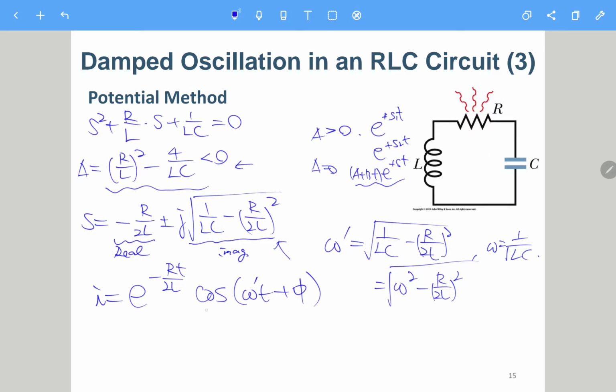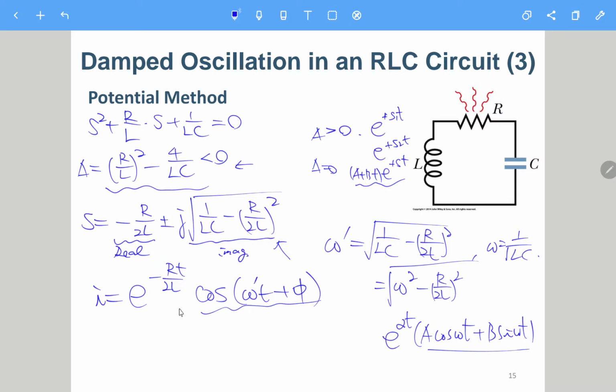Actually, when we talked about how to solve second order ODE, I mentioned that it should be exponential to alpha t, and then a cosine omega t plus b sine omega t. But actually, this one is equivalent to this.